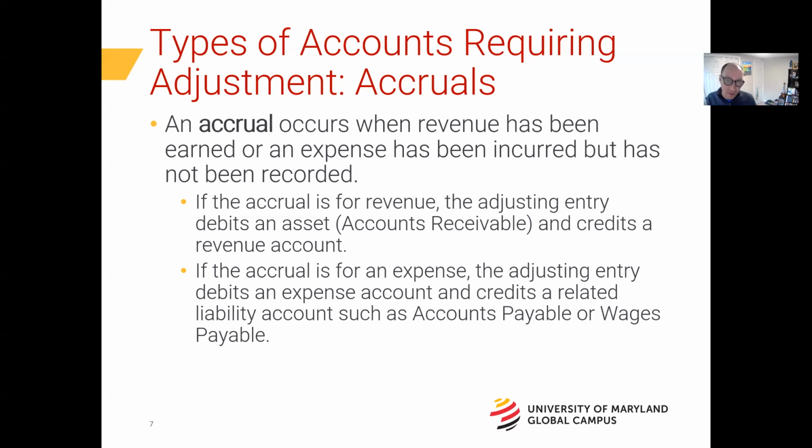Okay. Then in May, I'm going to pay that bill. So end of May, I pay the bill, I debit accounts payable and credit cash. And so that first transaction that I made for the accounts payable example, that's an adjusting entry.